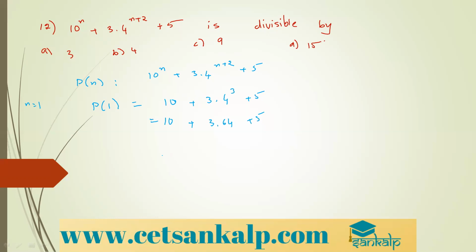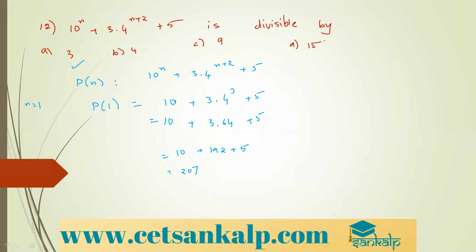So that becomes 10 plus 3 into 64, which is 192, plus 5. So in total it becomes 207.